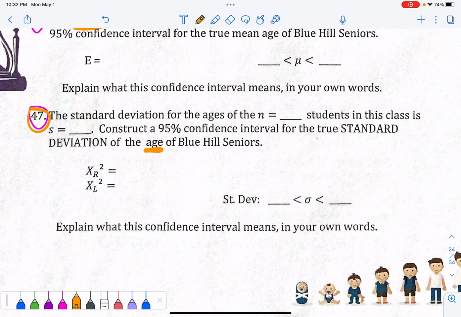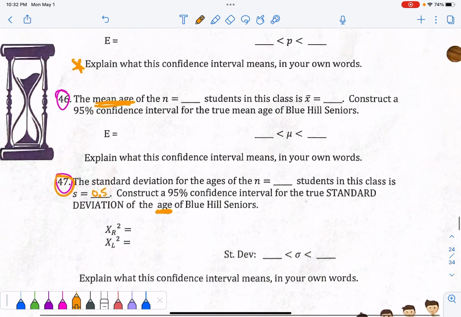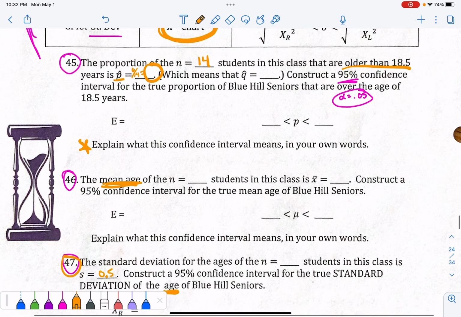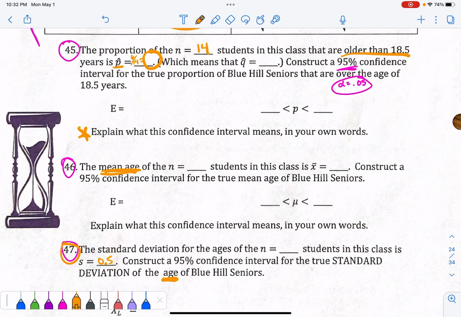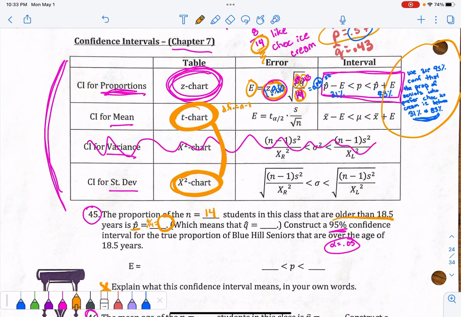So I think our standard deviation was like 0.5 or something like that. Go back to that column and make sure you write the standard deviation down right. But that'll be the confidence interval for that, okay? So you're looking at the same column, but different things about that column, all right? 45, 46, 47, there's your formulas, okay? Help each other out if you get stuck. There you go.